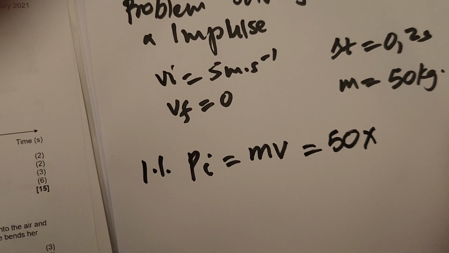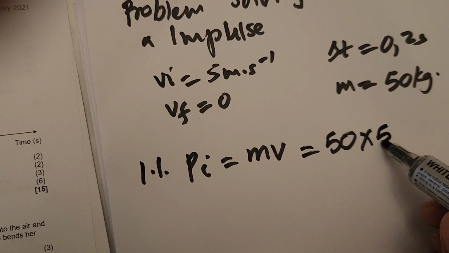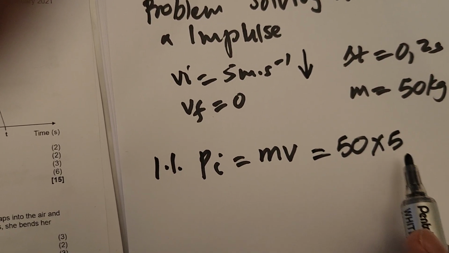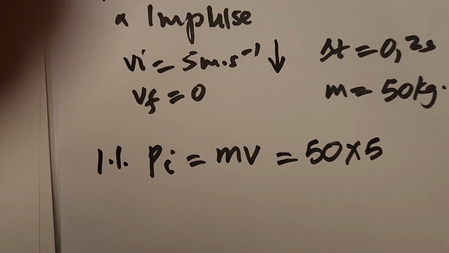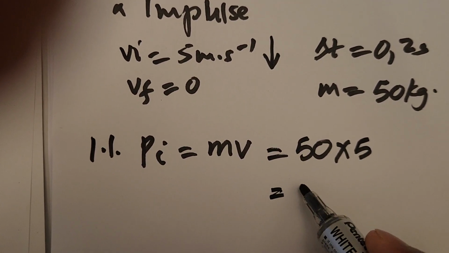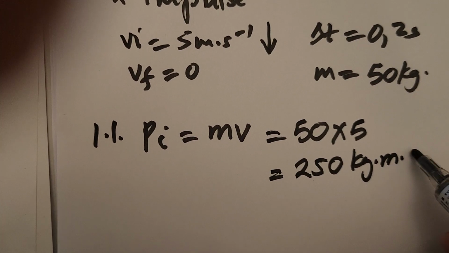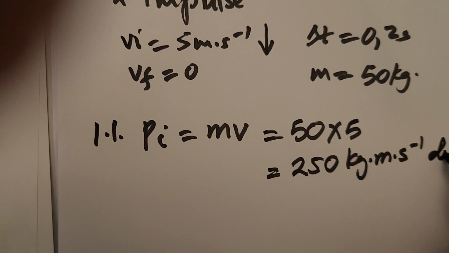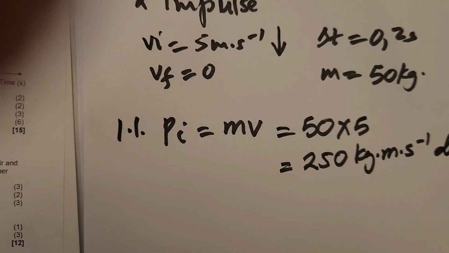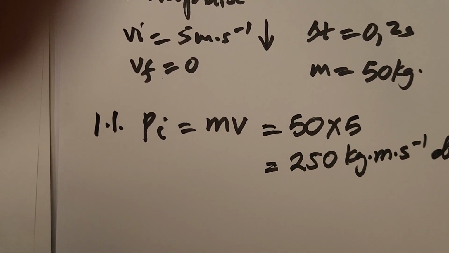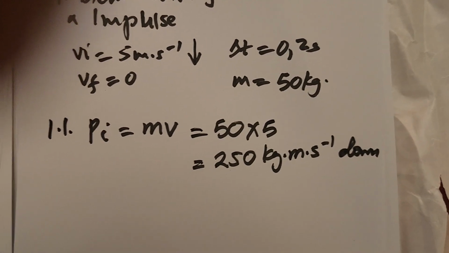The initial velocity of the dancer is 5. Remember, the dancer was going down, therefore this 5 meters per second is down. Then we multiply, we get 250 kilogram meters per second down. We are dealing with a vector. Don't forget that. So that is the initial momentum of the dancer.